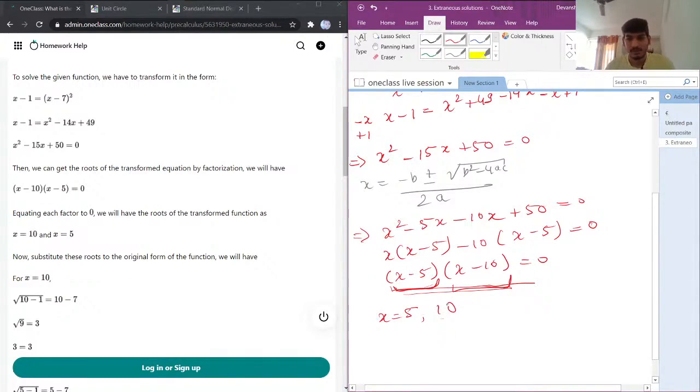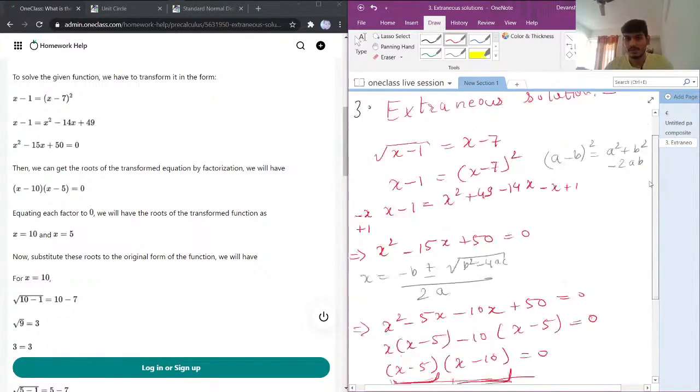Coming back to the original equation, we have two values: x equals 5 and x equals 10. Now we put x equals 5 in our original equation.